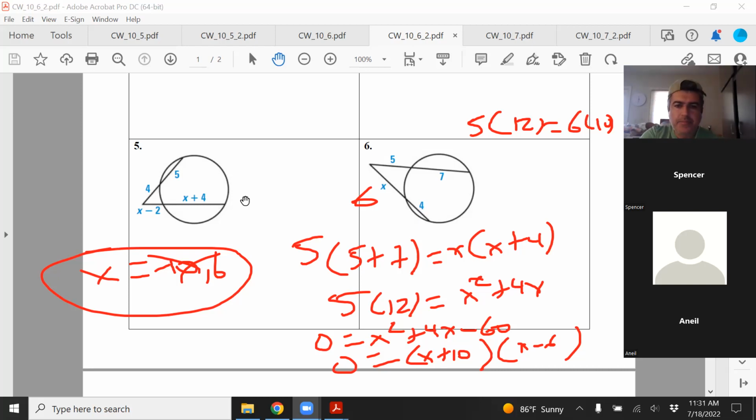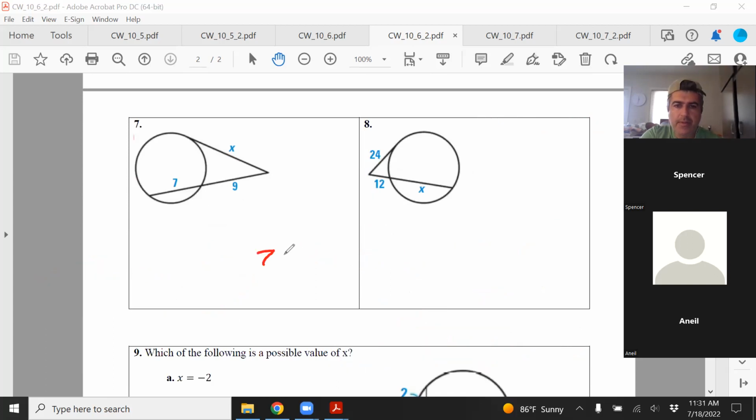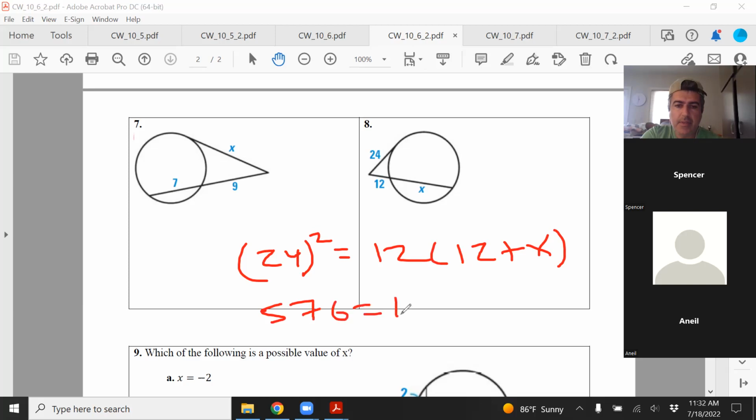So then number 8, 24 squared equals 12 times 12 plus x. So you get 576 equals 144 plus 12x.